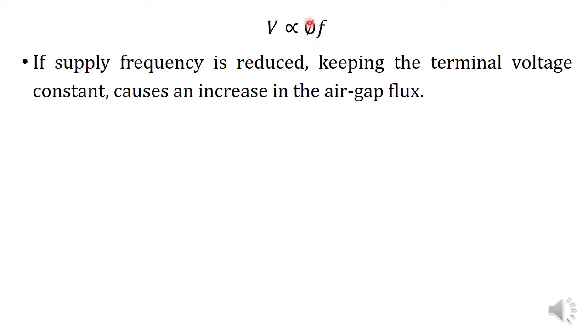The induction motors are normally designed to operate at the rated value of flux, and that rated flux will be very near to its magnetic saturation. That means if you increase the flux above the rated value, then the machine will go to magnetic saturation. If you are supplying the machine with a rated voltage, and if you are reducing the frequency below the rated value, then the air gap flux will go above the rated value, which will lead the machine to magnetic saturation.